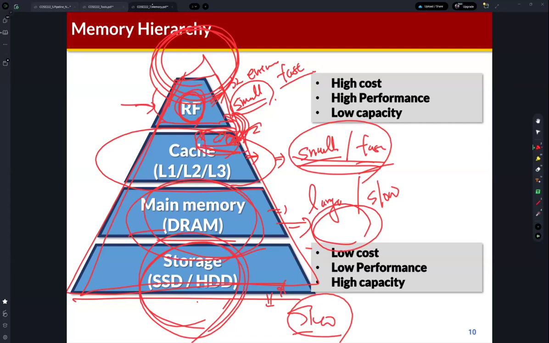If the data is in DRAM, the main memory, it will take a very long time because DRAM is slow. But if the data is found in the cache, the small memory, then we can access this data quickly. So by doing this, we can improve the performance.